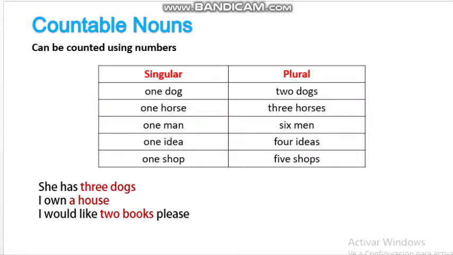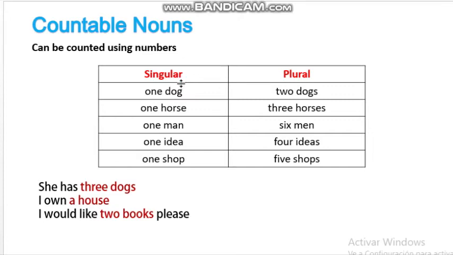Okay, most nouns in English are countable. That means that we can count them using numbers, as in this case 1, 2, 3, 4, 5, or 6. They have a singular and a plural form.